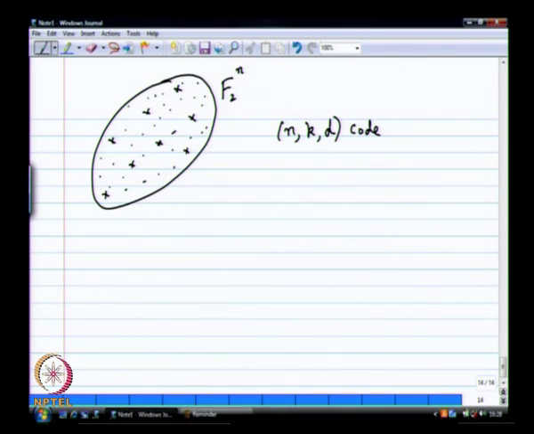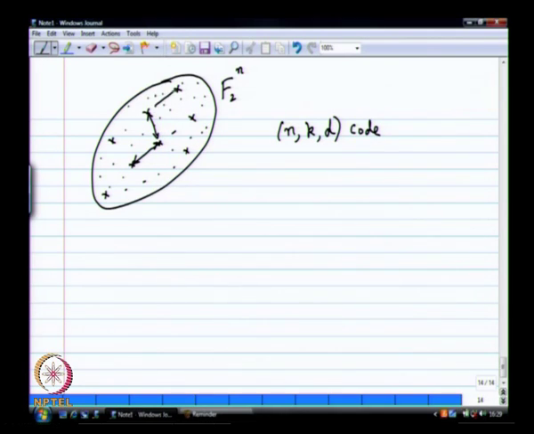So you have these codewords. How do you capture the d? You can think of the distance as Hamming distance. It is not the same as Euclidean distance, but you can imagine that it is the Hamming distance. What am I saying when I say minimum distance is d?